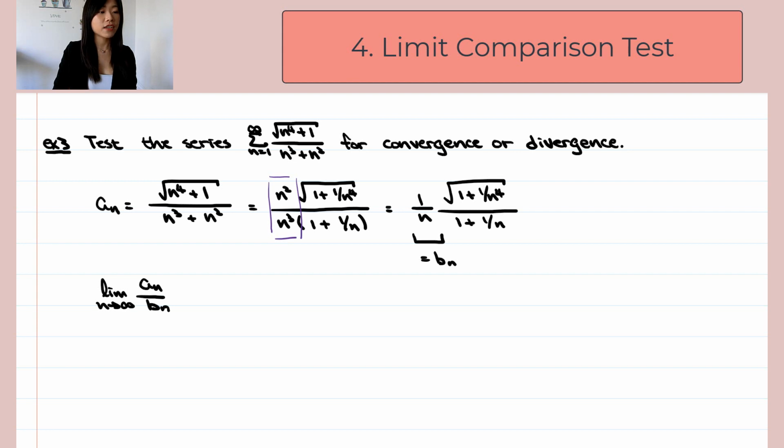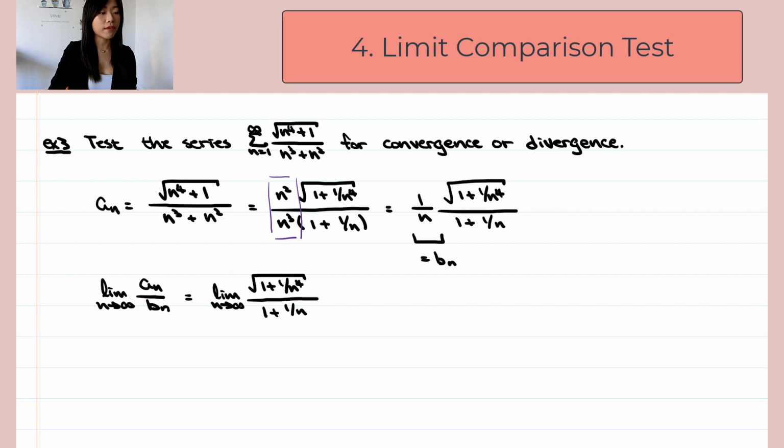Then the term I factor out, 1 over n, will cancel with the an. So this equals the limit as n approaches infinity of the square root of 1 plus 1 over n to the power of 4, divided by 1 plus 1 over n.